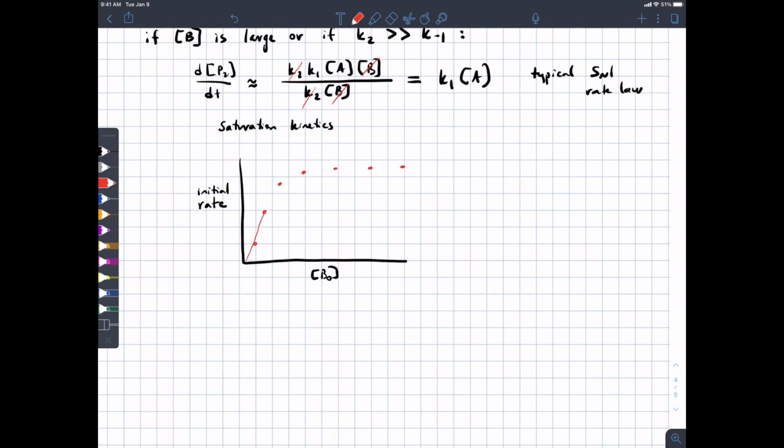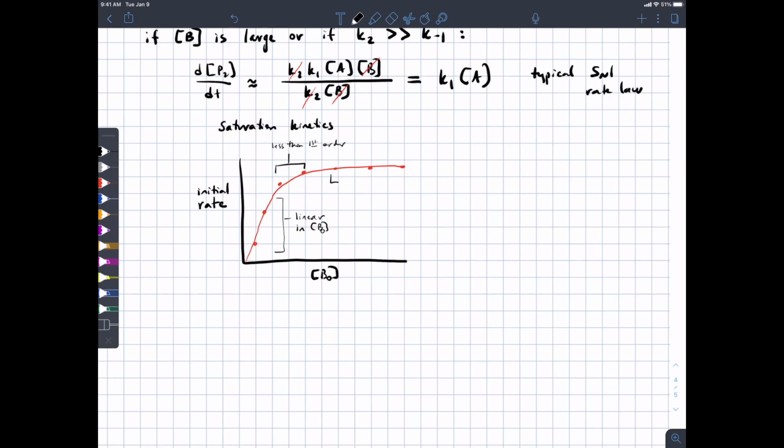We'd have a region where the dependence of the rate on B is linear, or sort of first order in B. Then we'd have sort of an area where it is still dependent on the concentration of B, but somewhat less than first order.